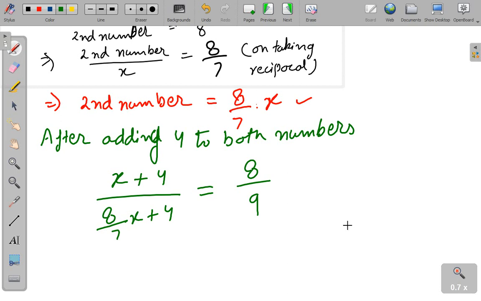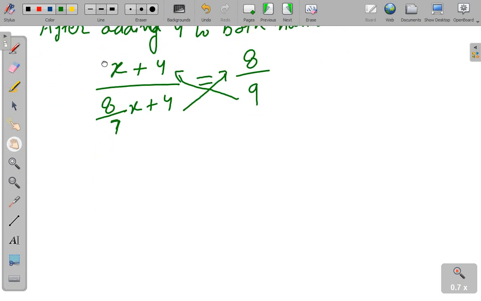Now we have to first determine the value of x and then the second number. In order to solve this, we are going to use the concept of cross multiplication. I will multiply 9 with the numerator of the LHS and 8 with the numerator of the RHS.